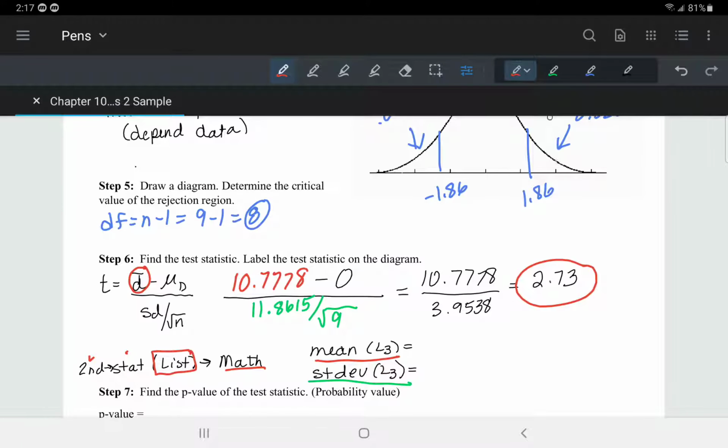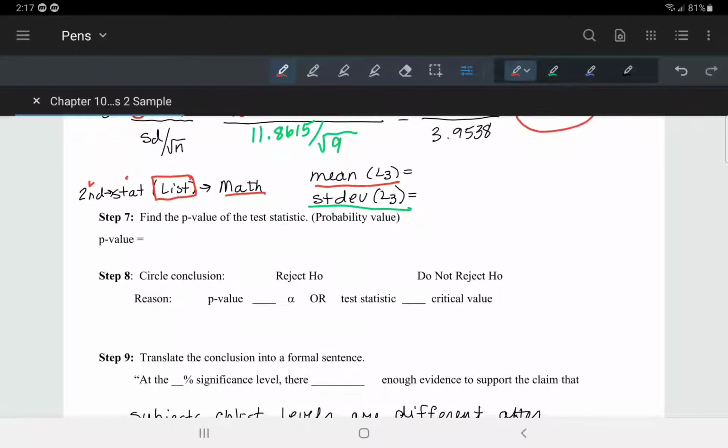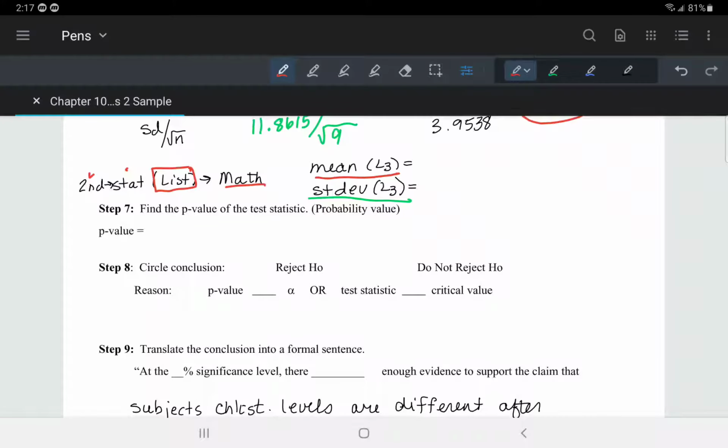Okay, so this goes on the diagram. And we can see already that this is in the rejection region, but we'll calculate the p-value. So we need the p-value for both ends using symmetry. So we can calculate then the p-value. We leave it in both tails.